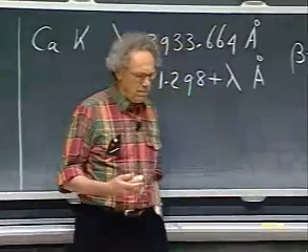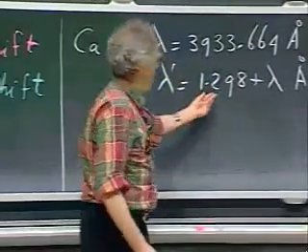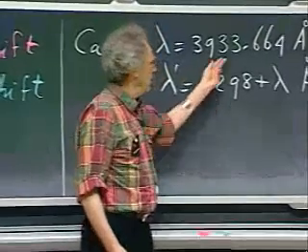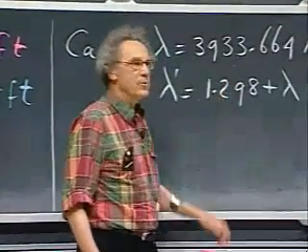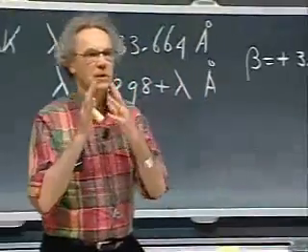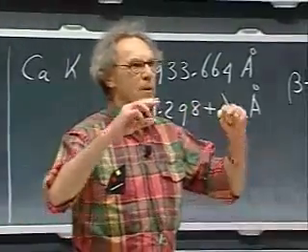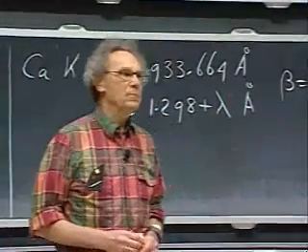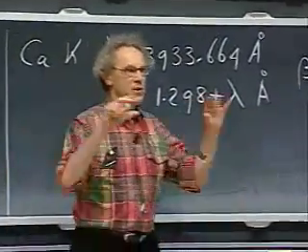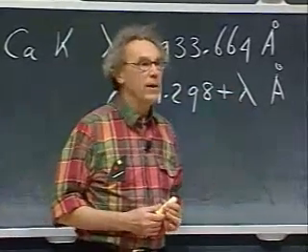How can I measure the wavelength shifts so accurately that we can see the difference of 1.3 angstroms out of 4,000? The way it's done is that you observe the starlight and make a spectrum, and at the same time you make a spectrum of light sources in the laboratory with well-known and well-calibrated wavelengths.